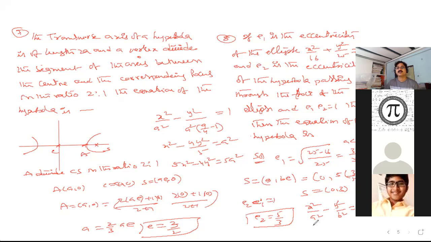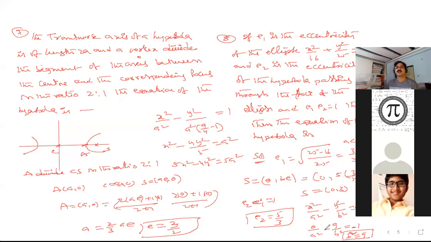If I substitute 0 comma 3 in this, we'll come to know what is exactly happening here. If I substitute here, 9 by b square is 1, it is not possible, sir. That means it is not a hyperbola, actually a conjugate hyperbola, remember. That's the reason we are supposed to take minus 1, otherwise it does not exist. Am I right, sir? Yes, sir. So b square is equal to 9 we are getting.